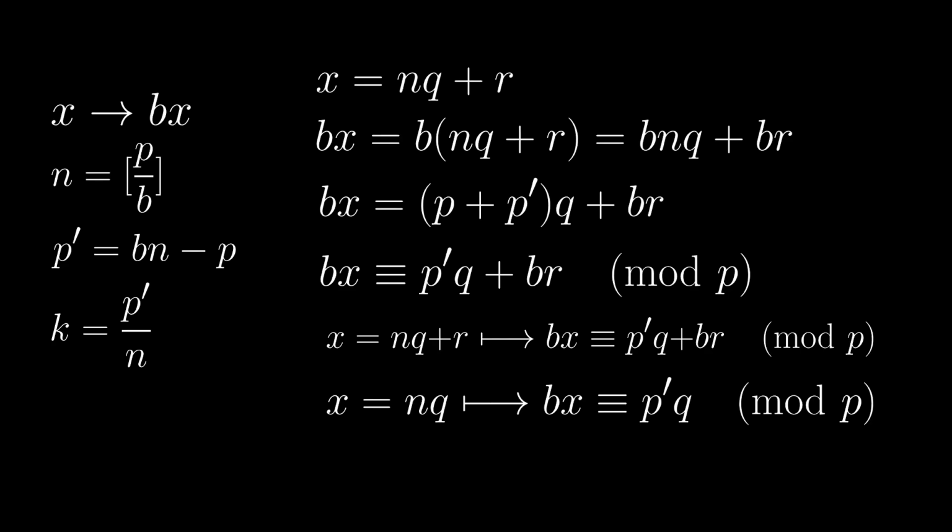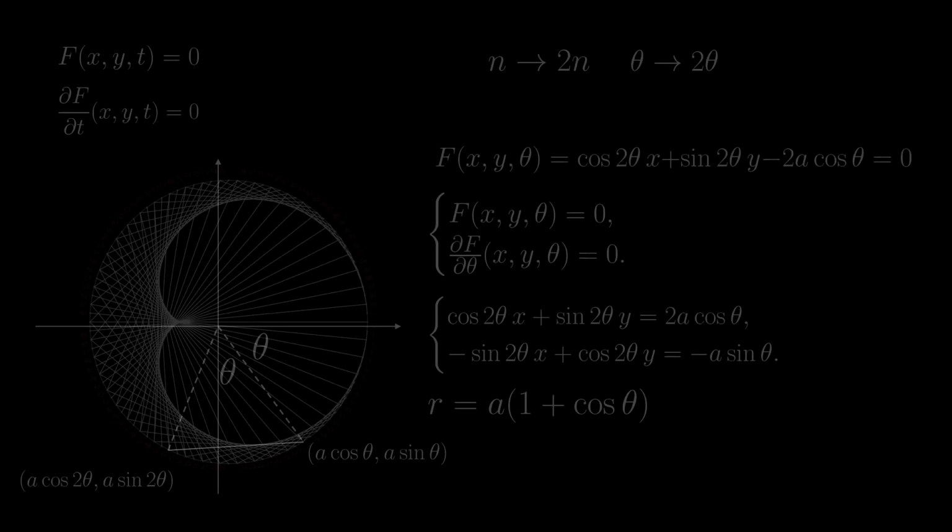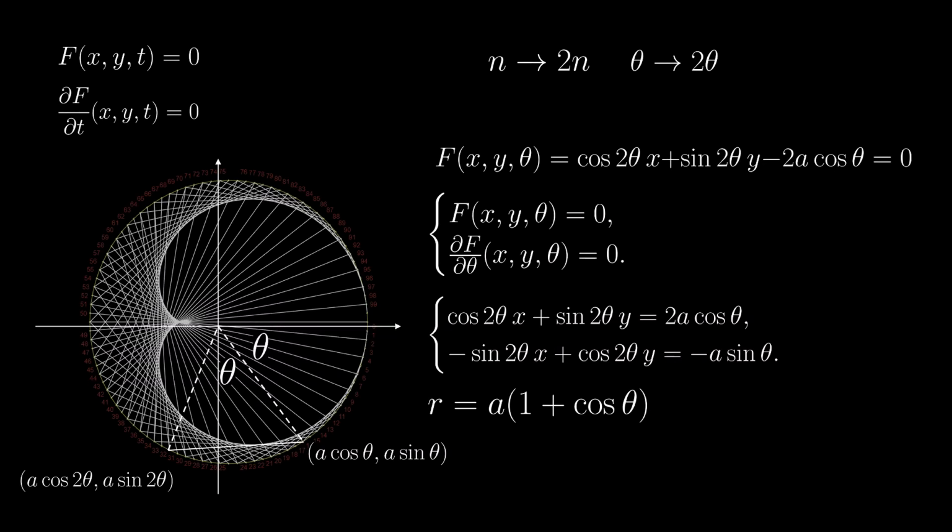Recall that we derived the case of the cardioid from x mapping to 2x. It is equivalent to consider theta mapping to 2 theta, which forms a cardioid.